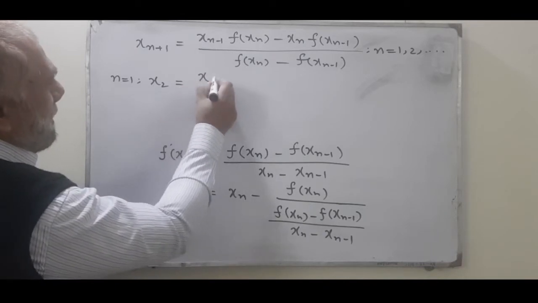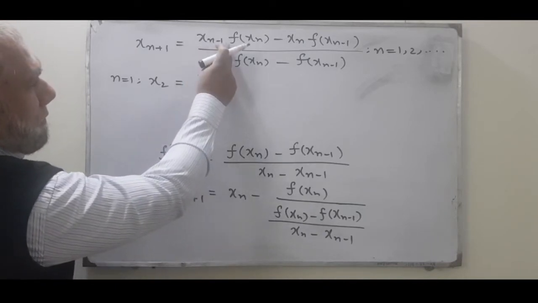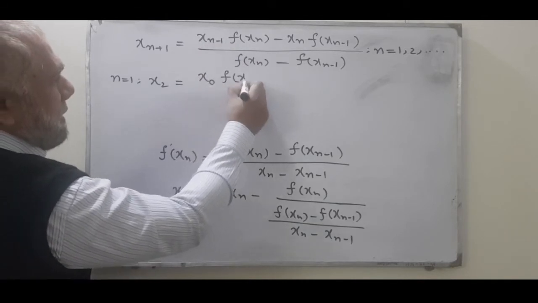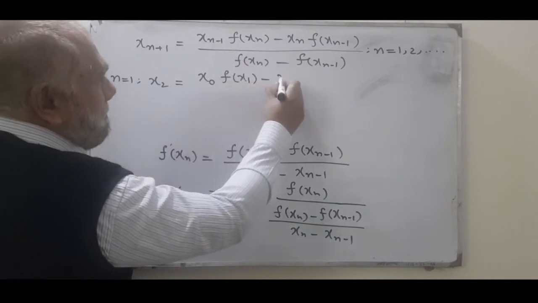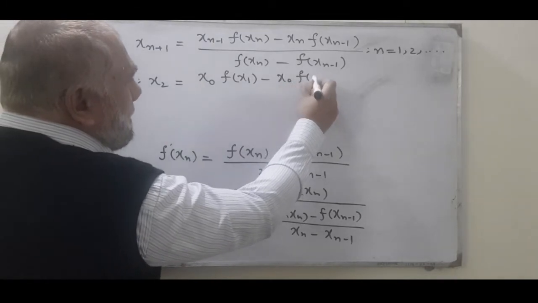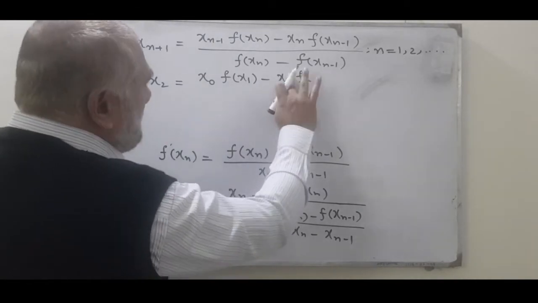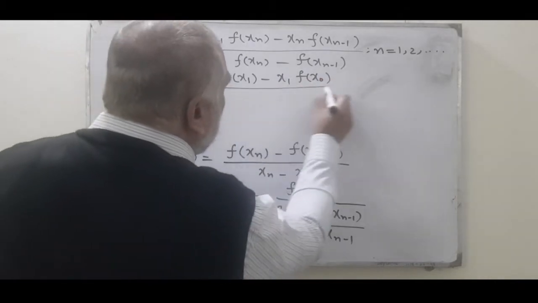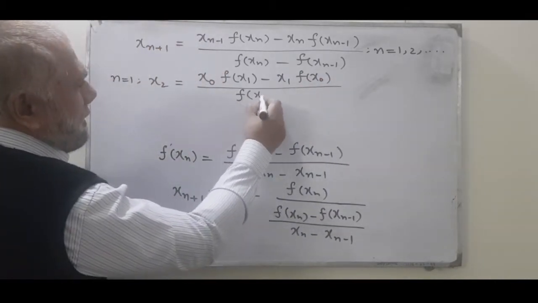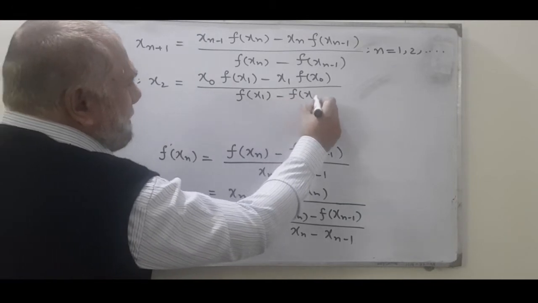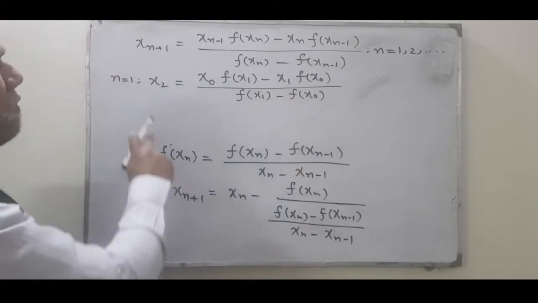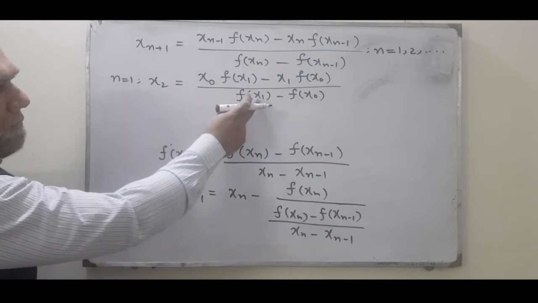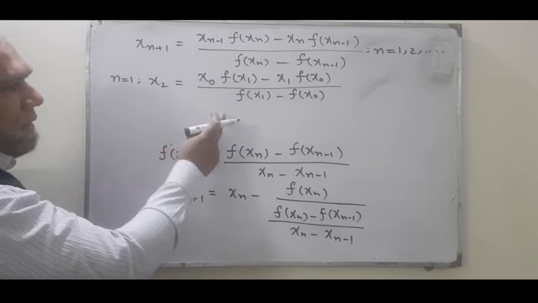On the right side, n equals 1 gives us f(x1), x0, and x1 in the corresponding places, divided by f(x1) minus f(x0). So you can see that in order to obtain the value of x2, we must know the values of x0 as well as x1.